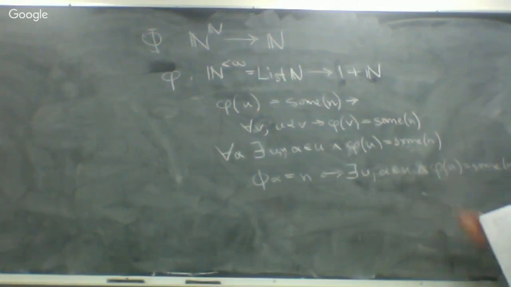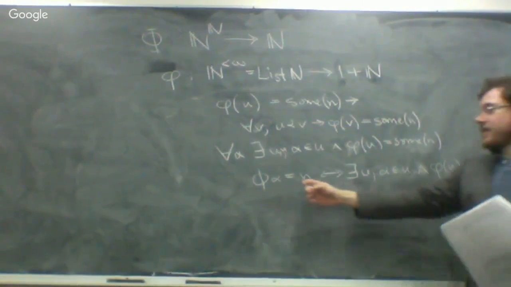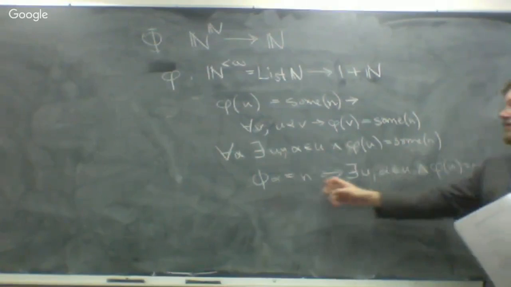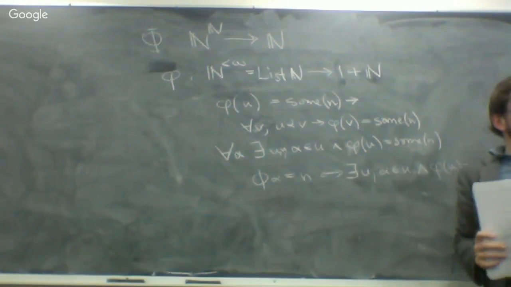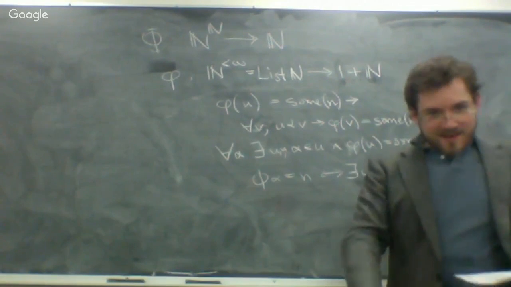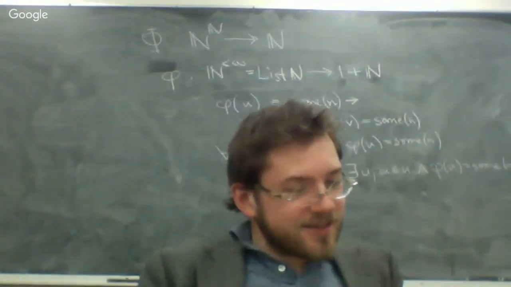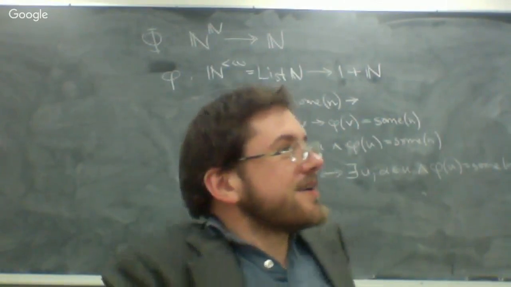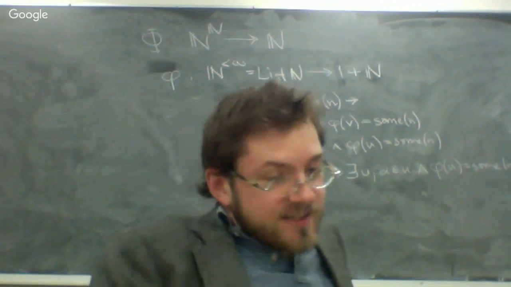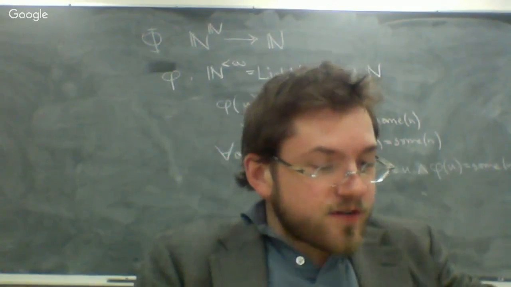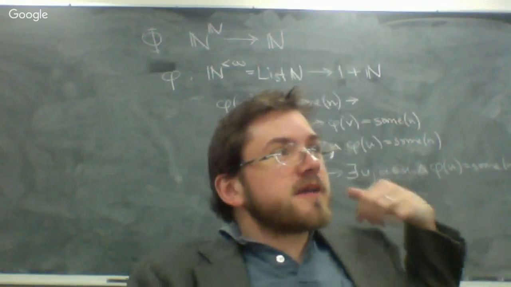Doesn't matter which one. We know that given alpha, there is some u. Make sense? I hope I did. I didn't write down this definition before, but I think we can make it up. So this is a neighborhood function for a functional from Baire space to the numbers.